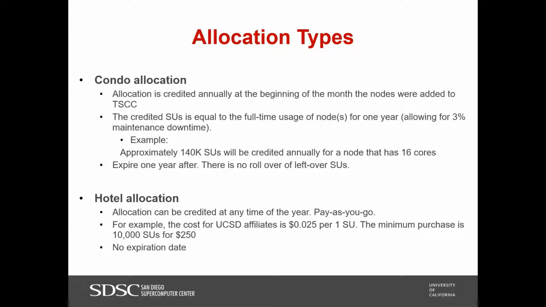On the other hand, the hotel program is a pay-as-you-go model, so an allocation can be created at any time of the year, and you just pay a premium to purchase some SUs, and there's no expiration date for the SUs in the hotel allocation.